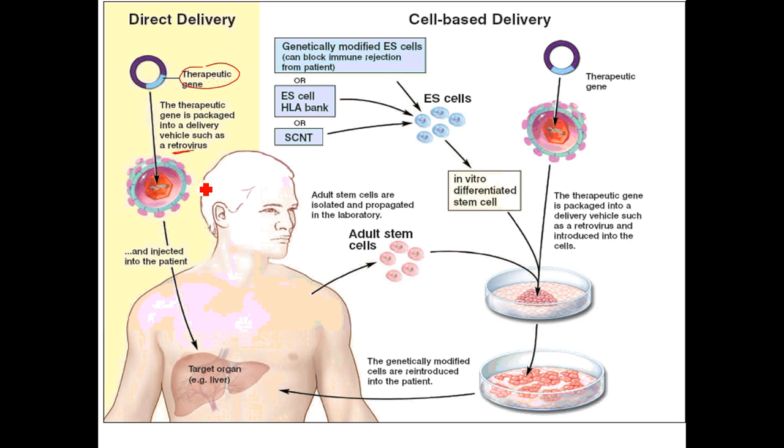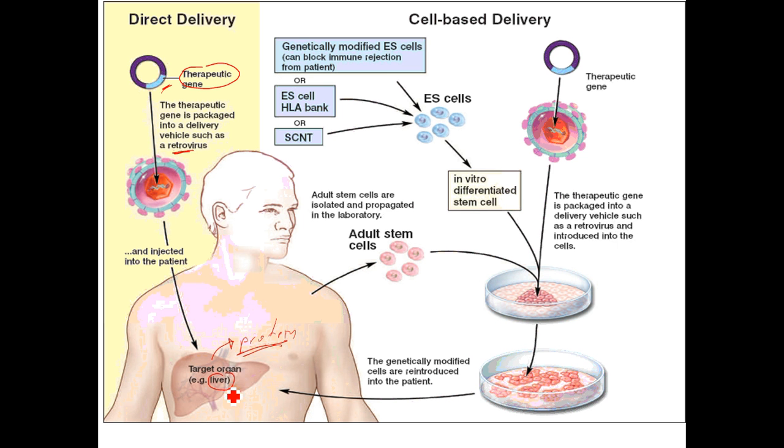Viruses are very specific for the kind of cells that they infect, so they will infect the target cells. In this case, they're saying that it's the liver, and that therapeutic gene would only go into the liver cells. Ideally, those liver cells are going to read that information and make that protein that previously was not made by the liver cells.